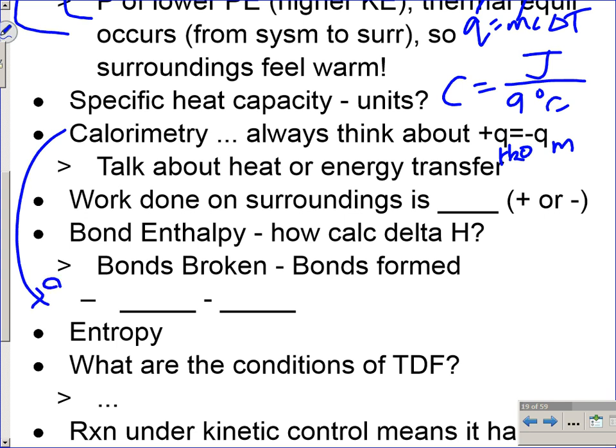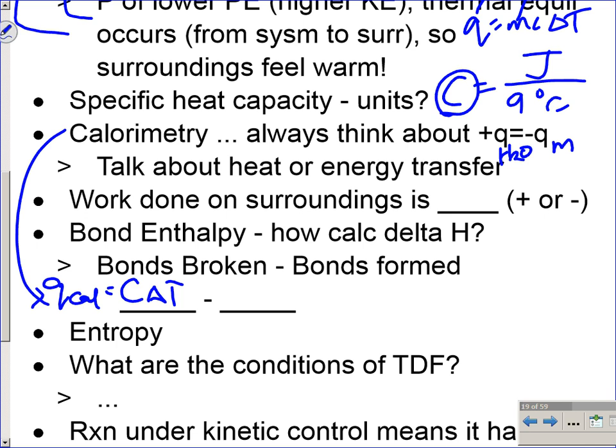So what if I said Q cal equals C delta T? Notice the C is capital. What does that represent? Specific heat capacity is little c, okay?